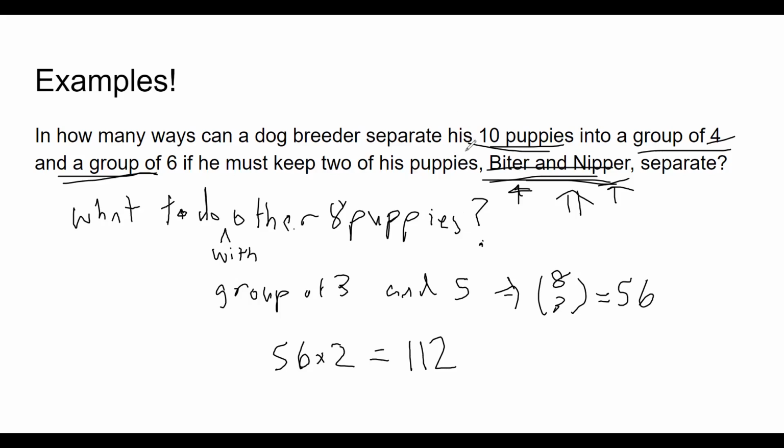Essentially, when you're given a lot of restrictions, just think about how restrictive they are. In this case, this isn't that restrictive. You can consider it completely separate from the other 8 puppies, and so I think that's the best way to approach it. So I guess this does come with experience.